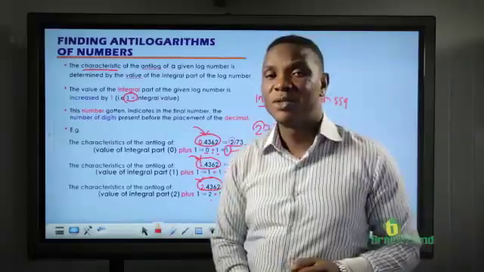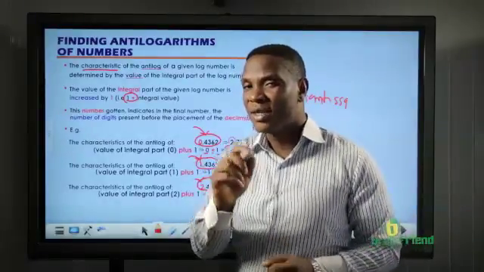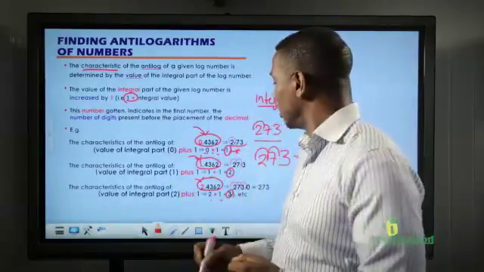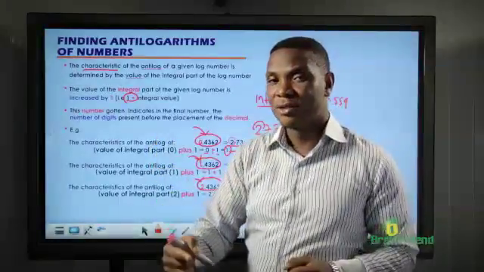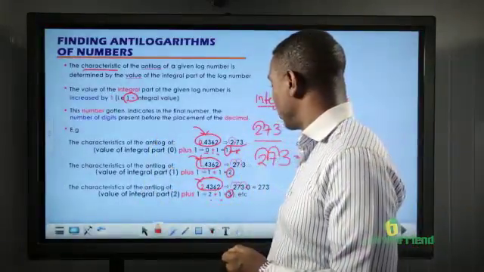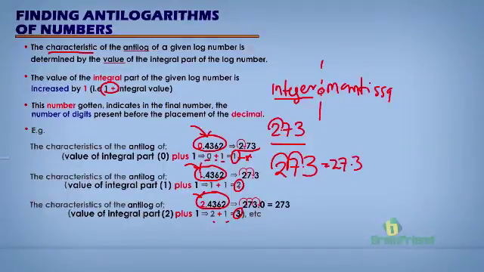This 3 again, we said, is not a value of itself, but an indicator of the number of digits that we would have in our final answer before the decimal point. So if we use our antilogarithm table to find the antilogarithm of our mantissa part, which is 0.4362, we'd have a number string of 273.